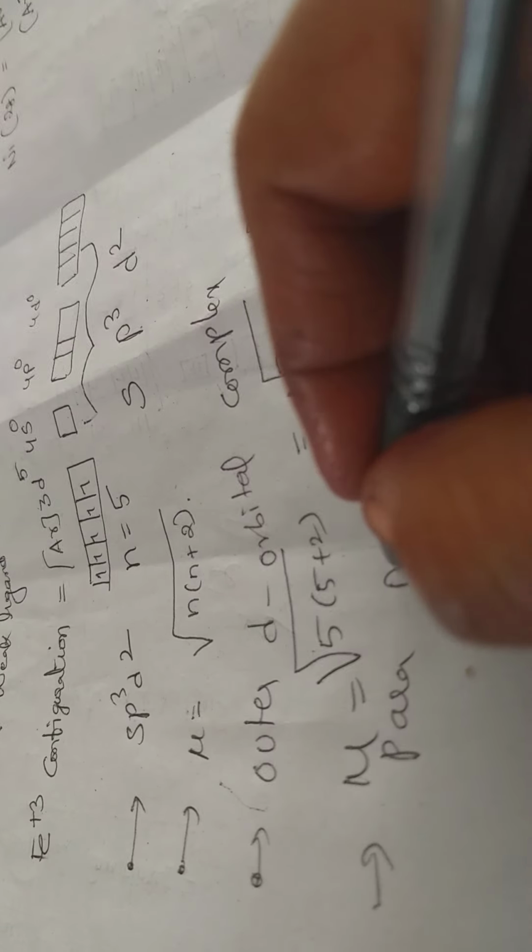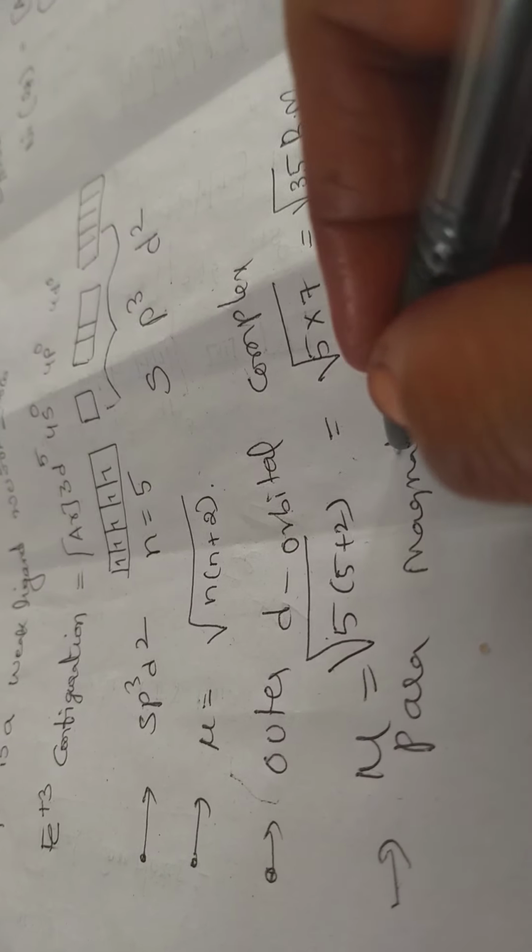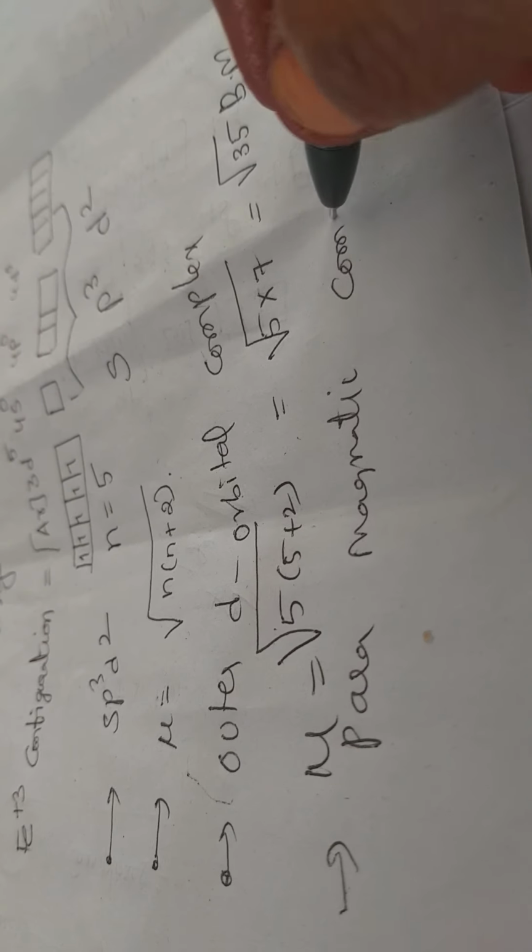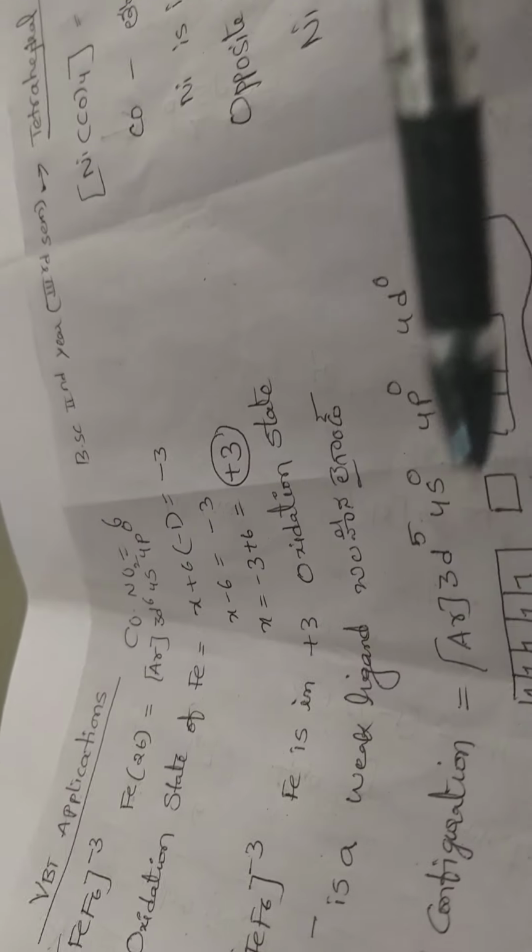What is the hybridization in this complex? sp3d2, an outer d orbital complex, and single electrons are there. So this is a paramagnetic complex. This is the hexafluoroferrate(III) ion, and this is an octahedral complex.